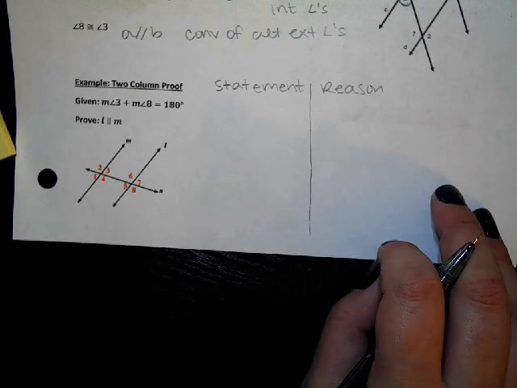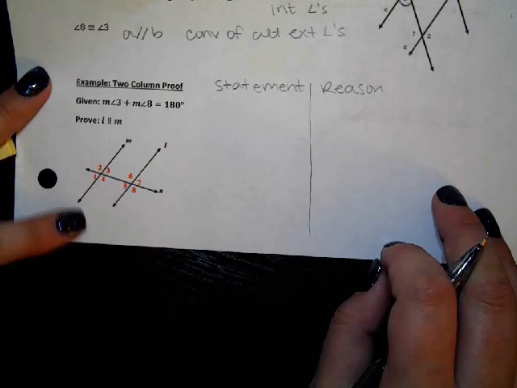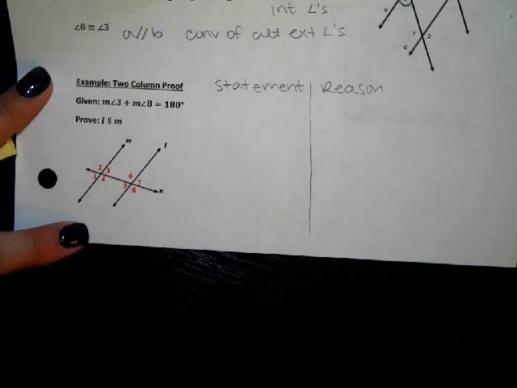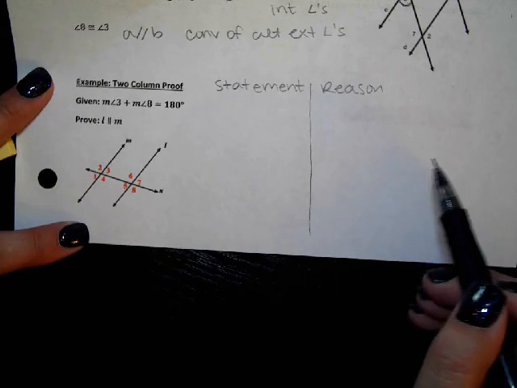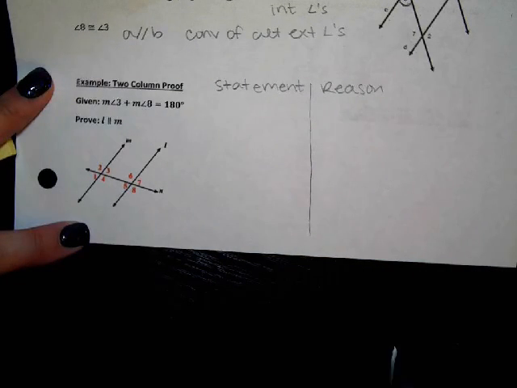So the way that a two-column proof works is you say what you know for the statement, and then for the reason you say how you know it. So a proof is just a really good way to lay out an argument. And basically a proof is you laying out an argument so completely that no one can play devil's advocate against you. That you said I did it so completely, so perfectly that no one can tell me I'm wrong.